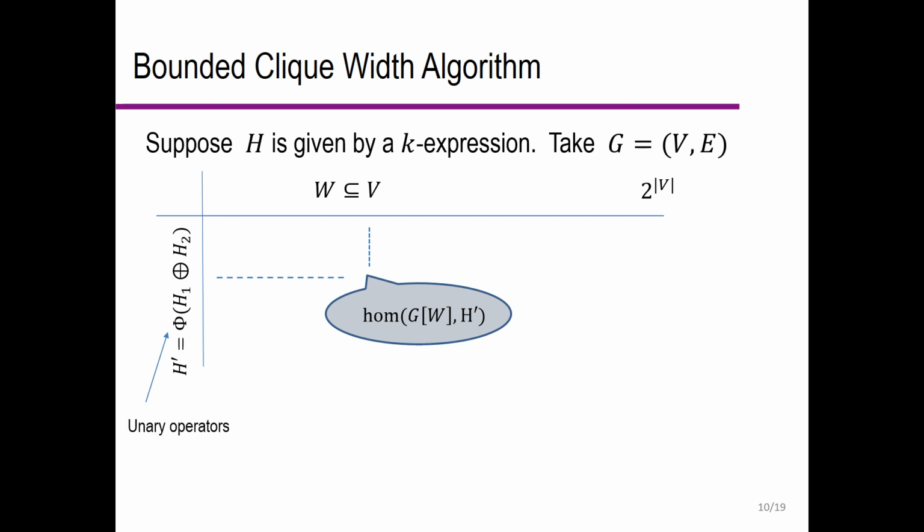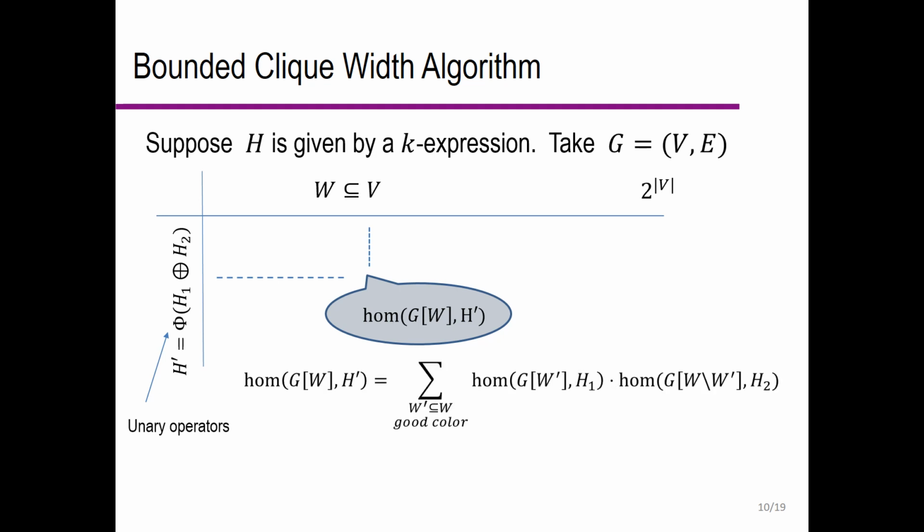Also, we will choose a coloring of vertices from W. Since there are only a limited number of colors, k colors, the number of colorings is plain exponential, so we can do that.